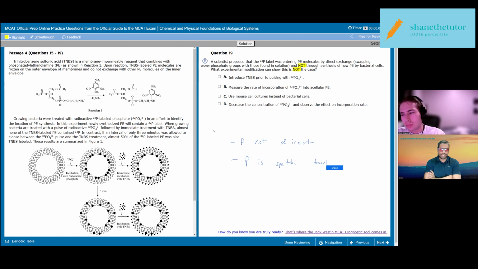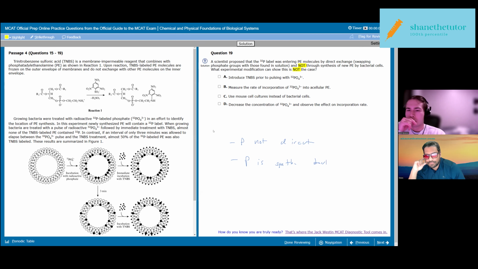If we use mouse cell cultures instead of bacterial cells, that would show that it can't be synthesized by bacterial cells, right? But we want to show that it is synthesized by bacterial cells, right? So if we didn't have bacterial cells, we can't show that, right? Hmm. Okay.